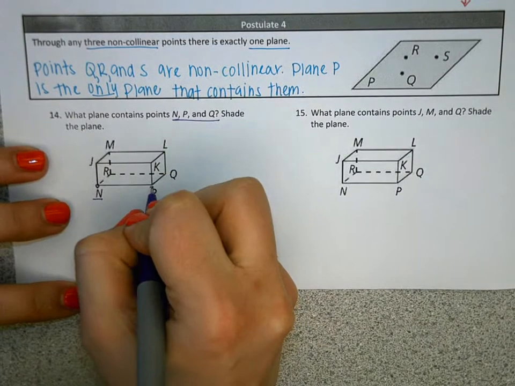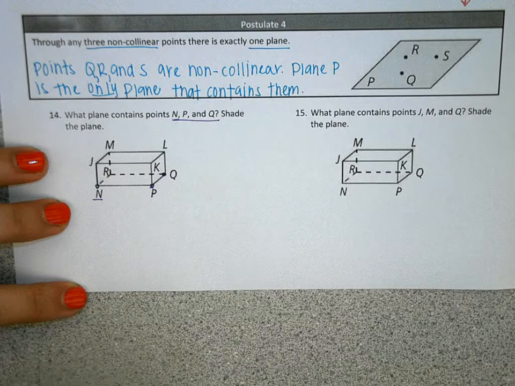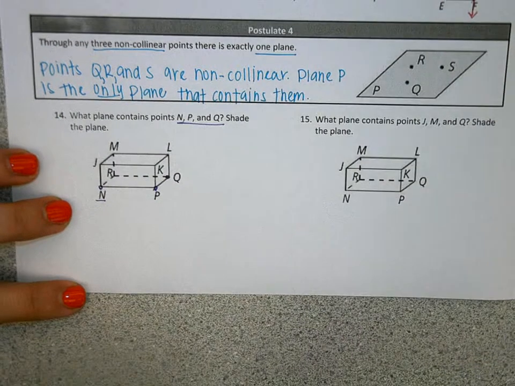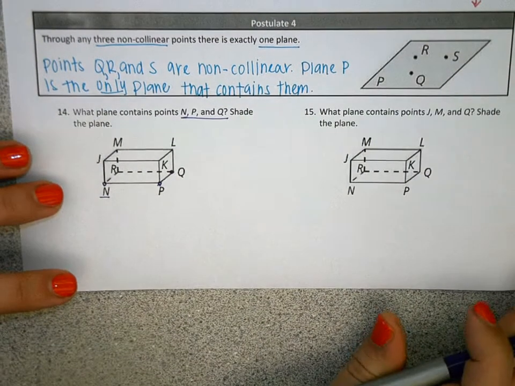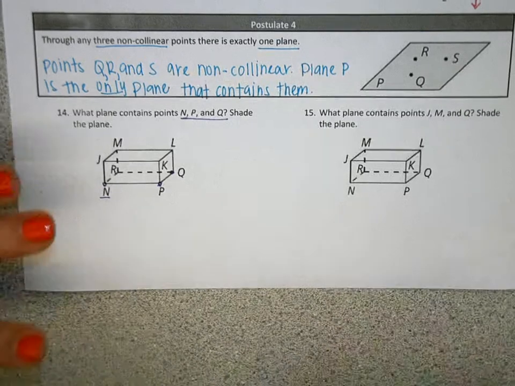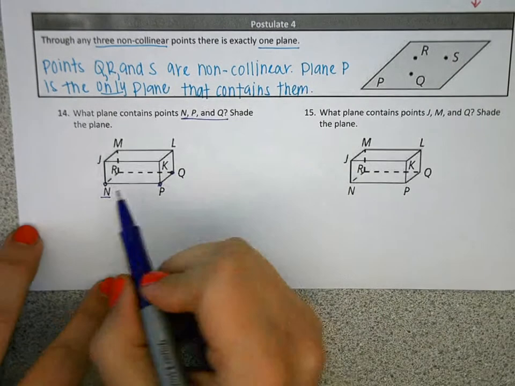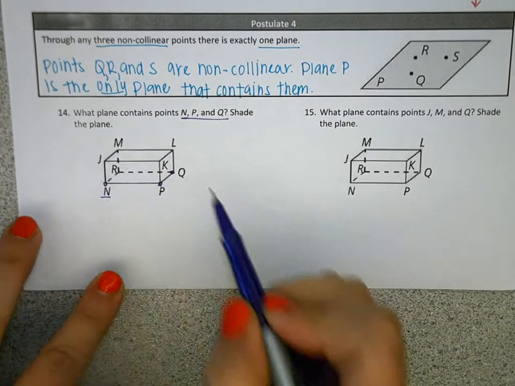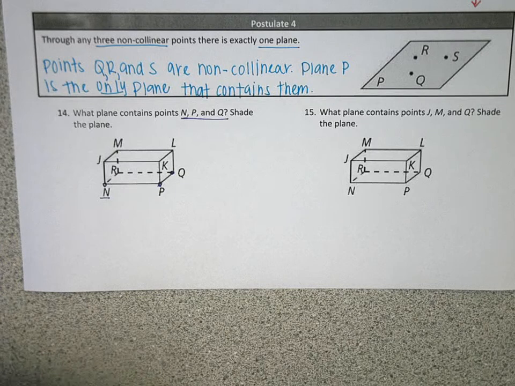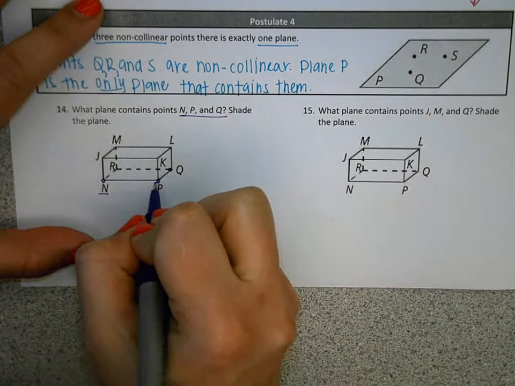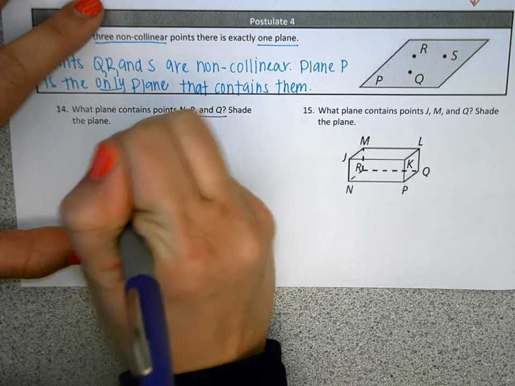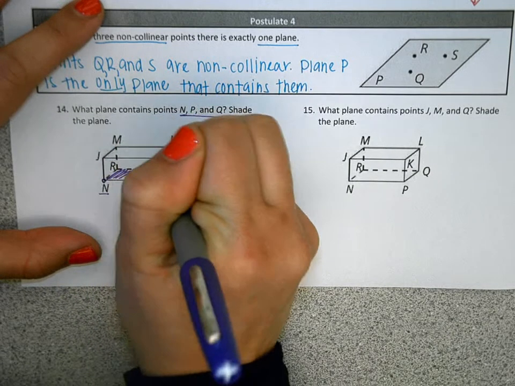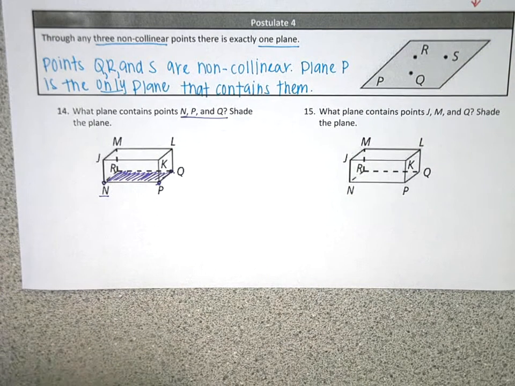So according to this rectangular prism, what section of it has those 3 points? One of the sides, the top, the bottom, the back, what is it? The bottom. So points N, P, and Q is this bottom section right there. So we're just shading where the plane is to help you visualize it.